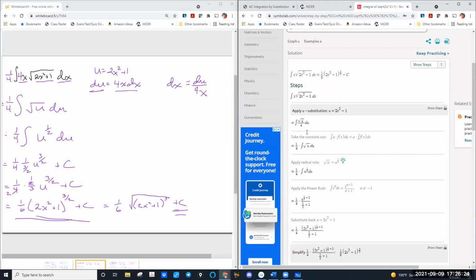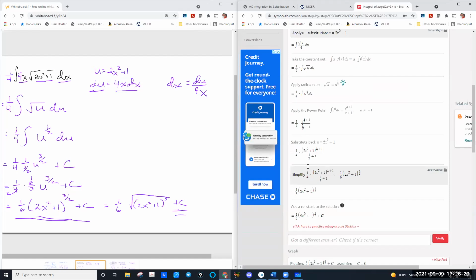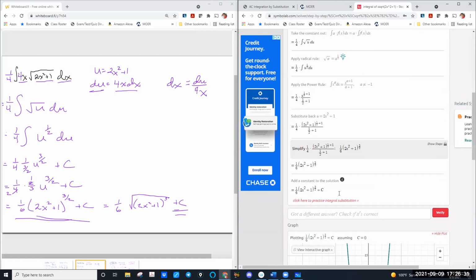And here are some of the steps of our integral, and check out what our final answer comes out to be: 1/6 times the quantity 2x squared plus 1 to the 3/2 plus c. Looks familiar, right? Right there.